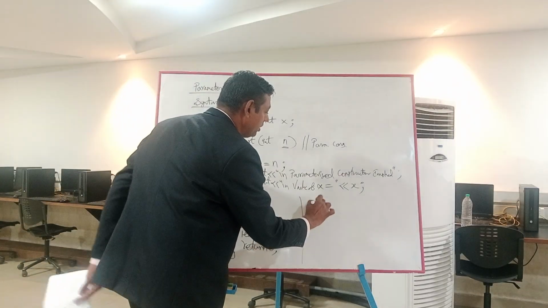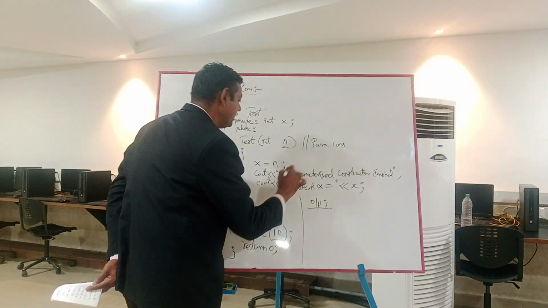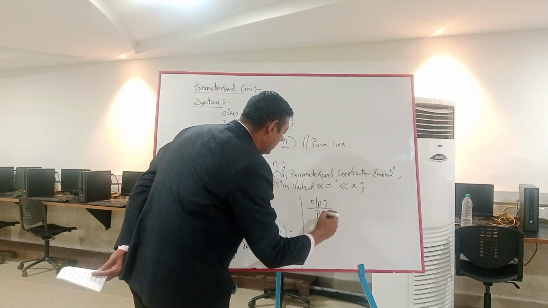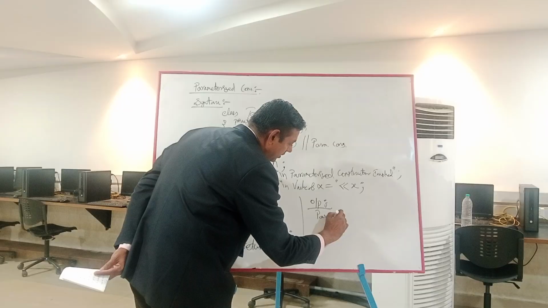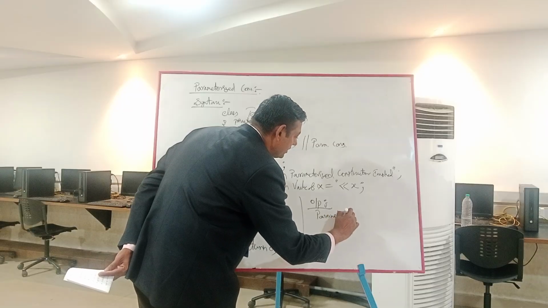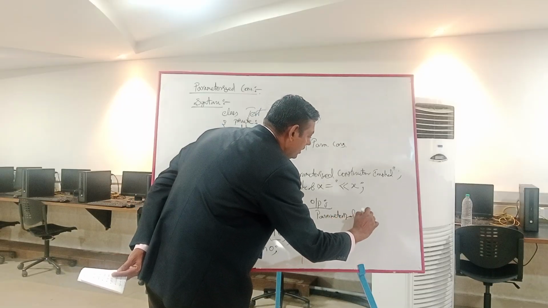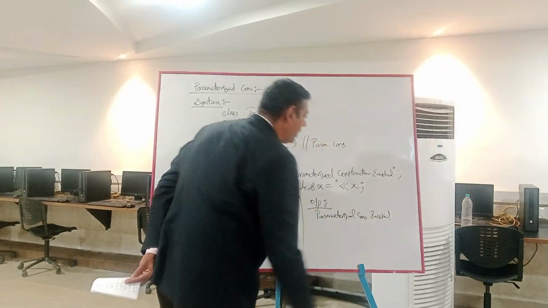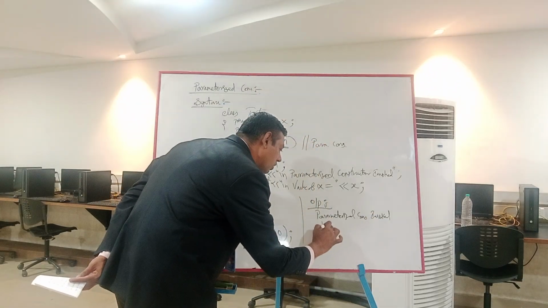So in my output, what will I get? First, the statement printed is parameterized constructor invoked. Next, it will print the value of x.